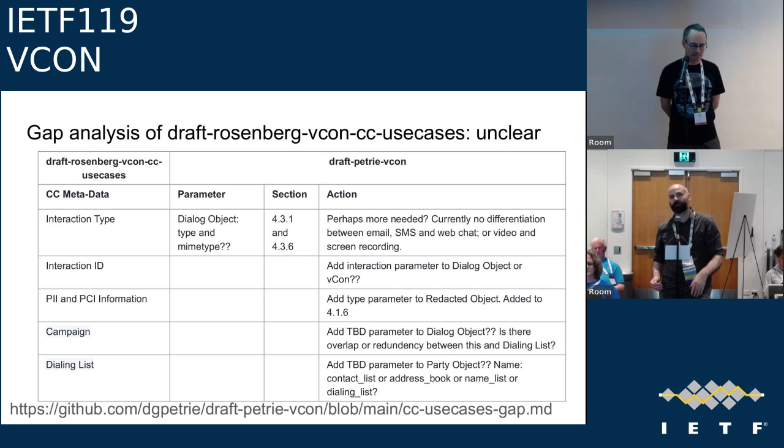Exactly. And it is an attribute on the party. The confusing part is that the dialing list is in a sense a representation of all of the other side of the conversation. If you started a vCon, you'd start with a full list of people you wanted to dial or email.